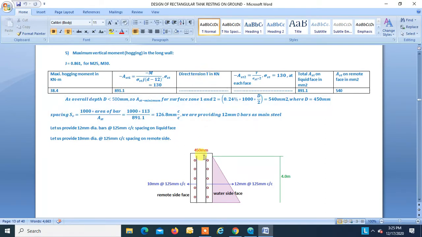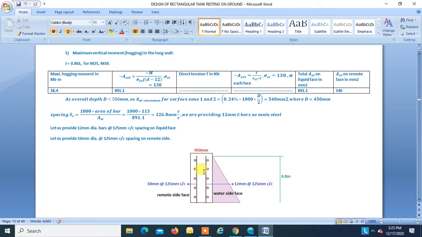Direct tension, there is no direct tension in this vertical axis, because there will be compression, because the weight of slab will fall on this, which will give a reaction, and this vertical wall will be under compression in this vertical direction. Also the self weight of the wall will give a compression force.